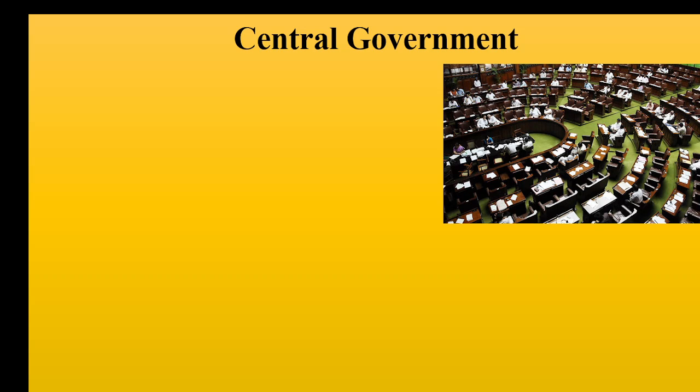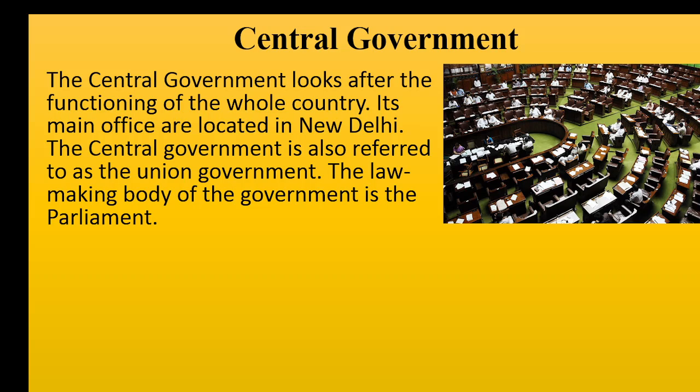The central government looks after the functioning of the whole country. Its main offices are located in New Delhi. The central government is also referred to as the union government. The law-making body of the central government is the Parliament.